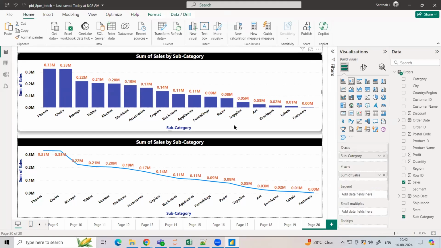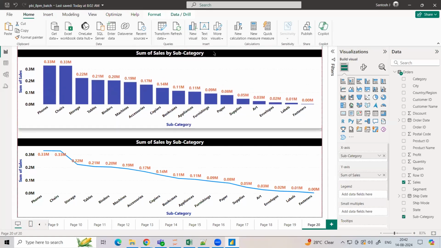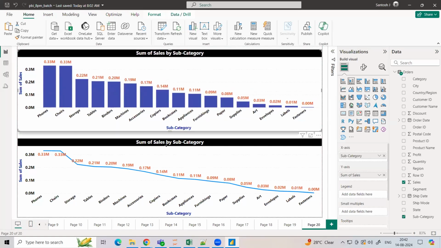Okay. Both are readable. Readability stands first. But ideally, you know what? I would prefer this bar chart. You know why? When I am having sales for each and every product in this chart, I feel a negative impact.